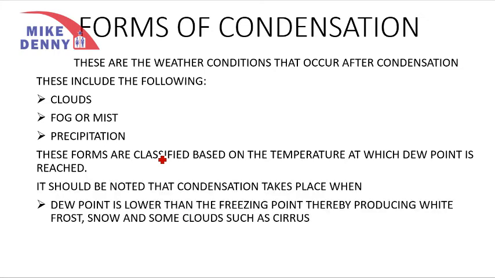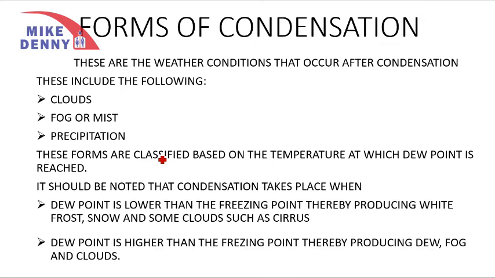It should be noted that condensation takes place when dew point is lower than the freezing point, thereby producing white frost, snow, and some clouds such as the cirrus clouds. Or alternatively, where dew point is higher than the freezing point, thereby producing dew, fog, and clouds.